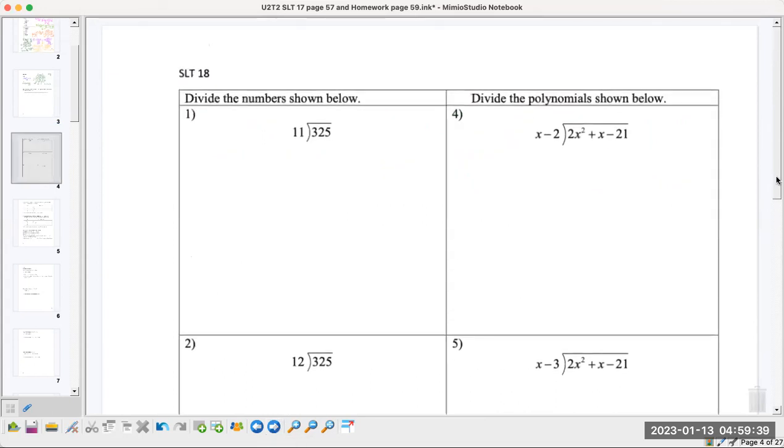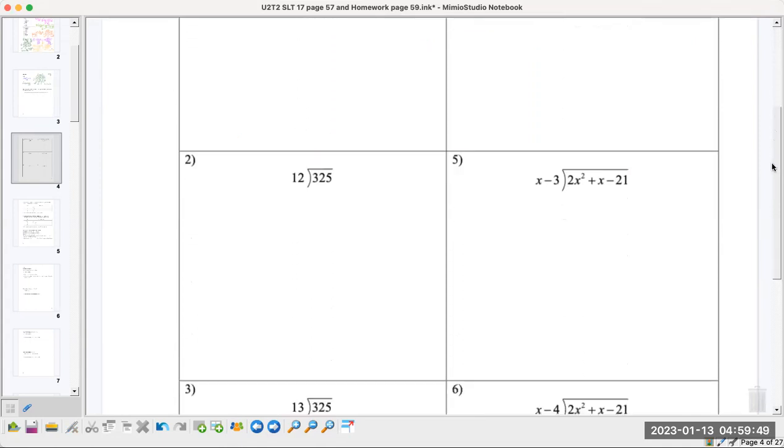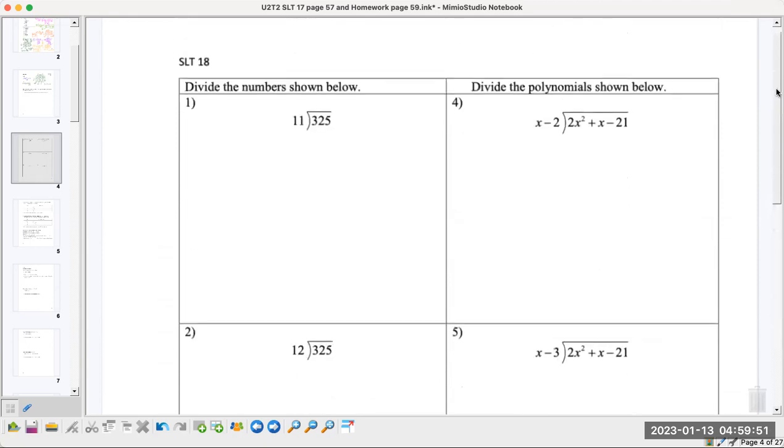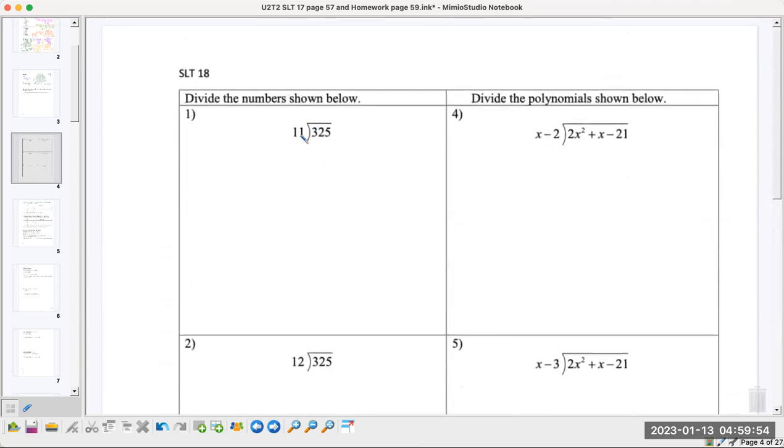On page 61, you might want to hit pause here and go ahead and do this page on your own. Otherwise, I'm just going to write the answers. 11 goes into 32 twice. And that would be 22.